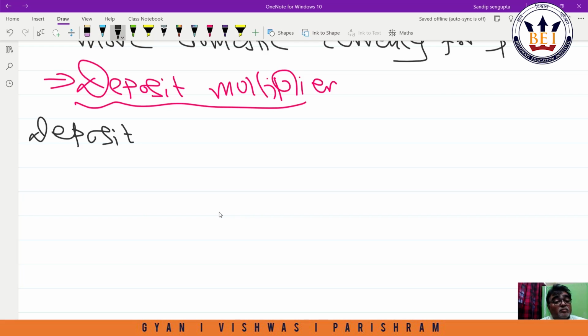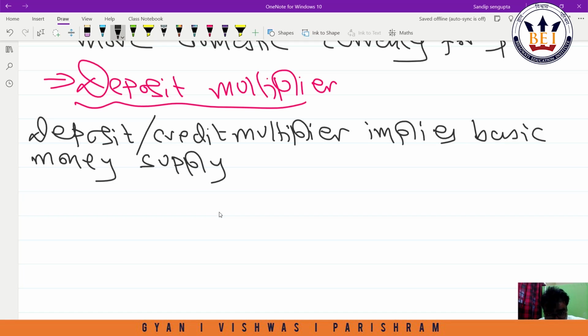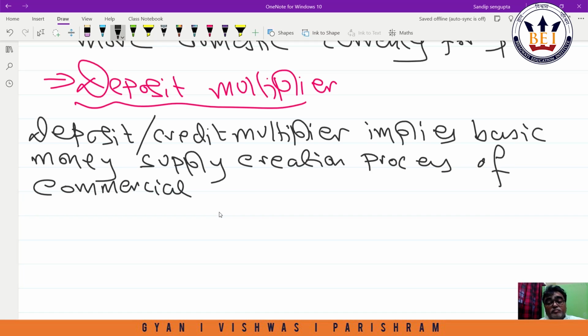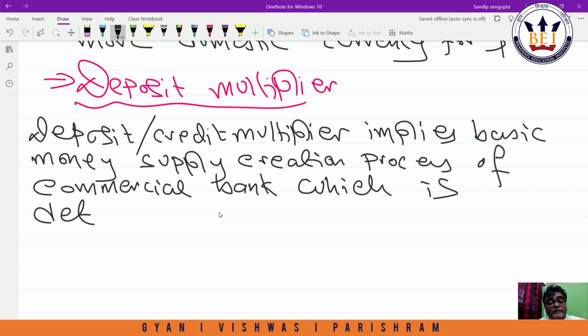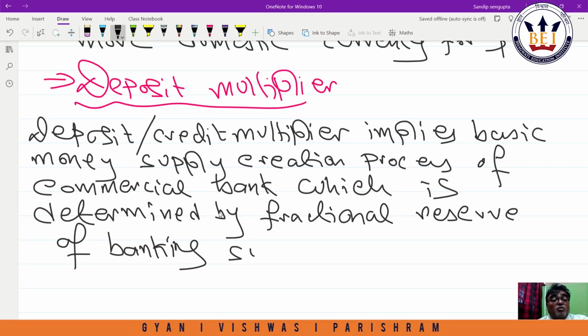Deposit or credit multiplier implies the basic money supply creation process of commercial banks, which is determined by the fractional reserve of the banking system.